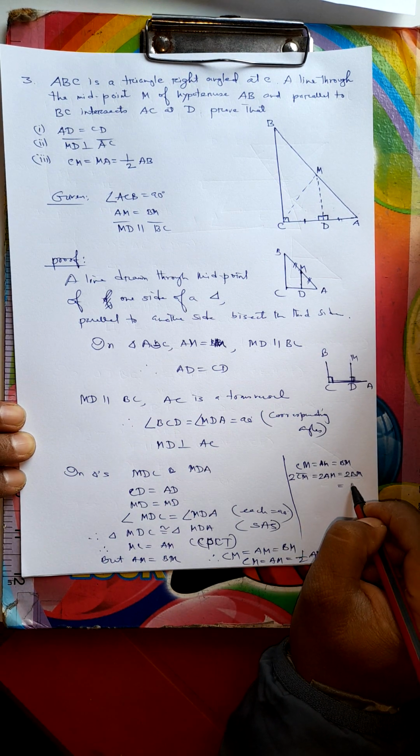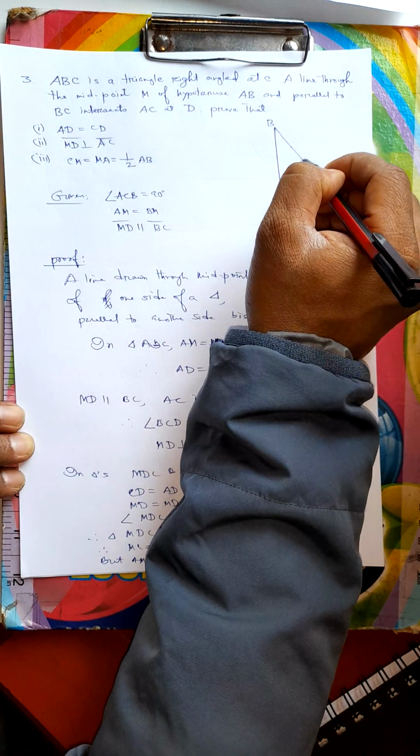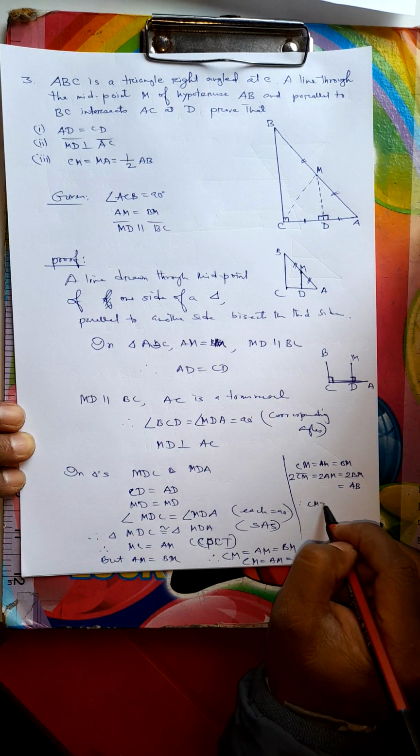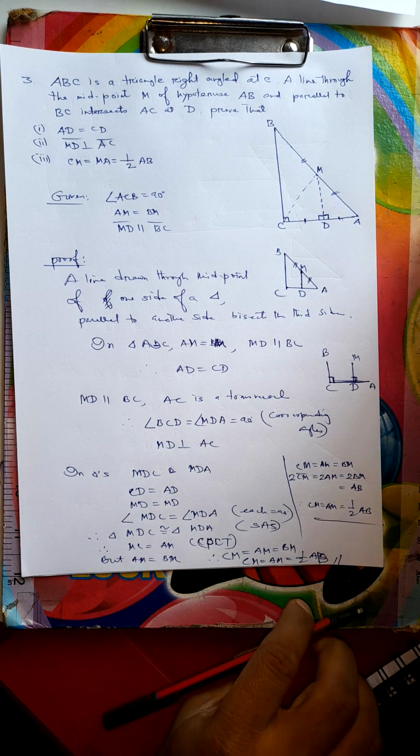Twice of BM means AB, since M is the midpoint. Therefore, CM equal to AM equal to half of AB. So this was to be proved.